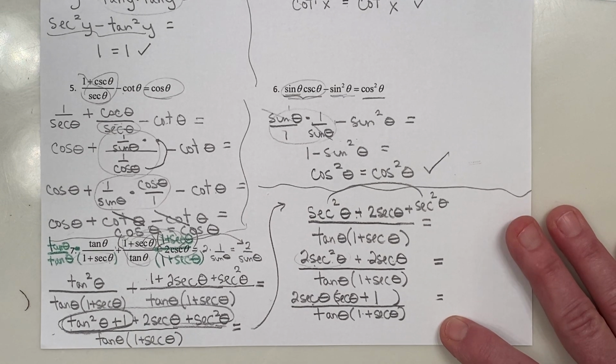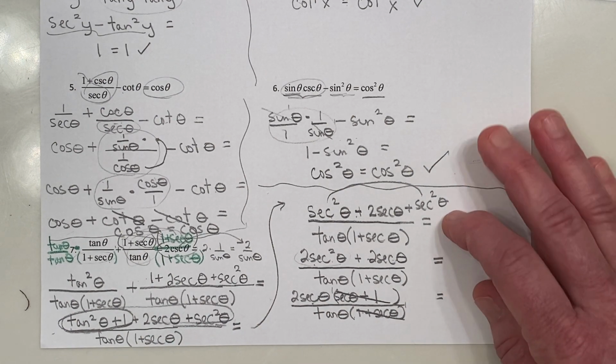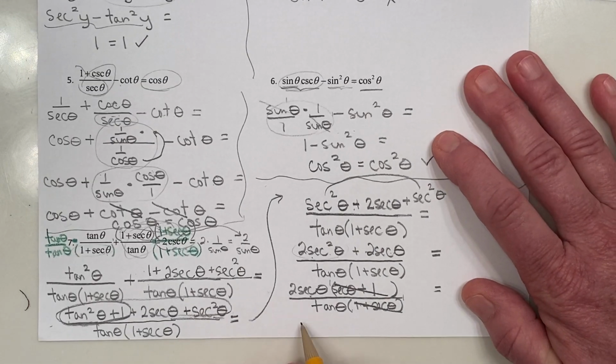Was that helpful? Sure. The numerator and denominator are both factored. I can divide out those common factors. Getting closer. So now I have 2 secant theta divided by tangent theta.